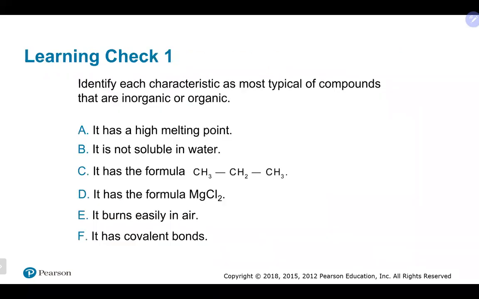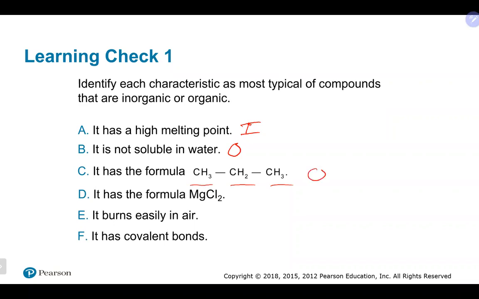All right. So for each of these, the most typical compounds are going to be inorganic or organic. Things with high melting points should be inorganic, such as our salts. If it's not soluble in water, that definitely is going to be organic. If it has the form of carbon, hydrogen, carbon, hydrogen, carbon, hydrogen, that pretty much is an organic compound.